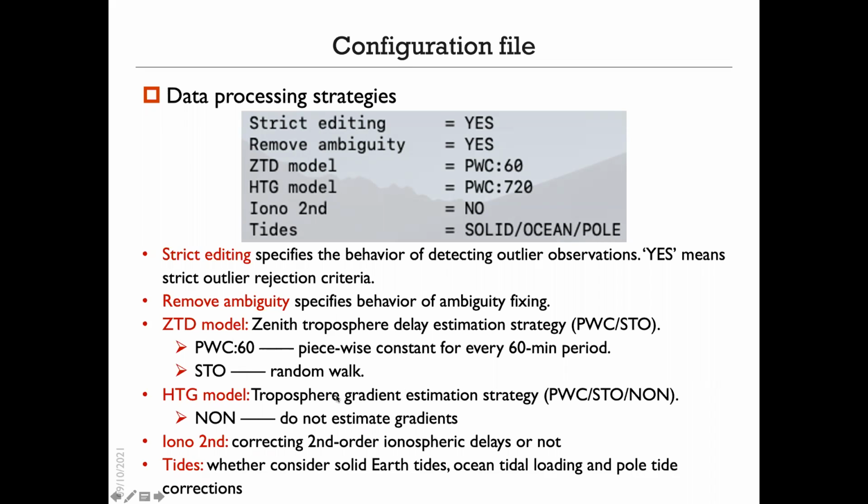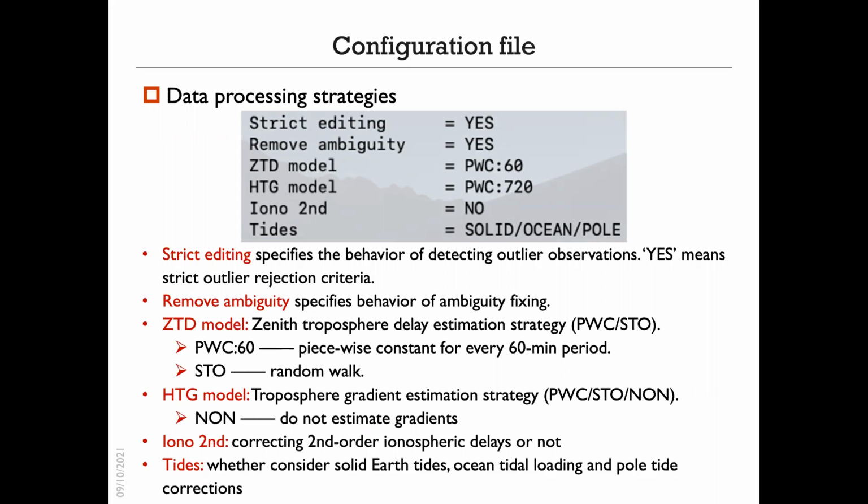And then we come to the HTG model. This is for troposphere gradient estimation, the horizontal gradient estimation. So we have 3 strategies. The first 2, PWC and STO, are similar to the strategies of the ZTD model. The last one, NONE, means we're not going to estimate gradients, because in some cases, for example, on some mobile platforms, estimating the horizontal gradients doesn't make sense, because your platform is always moving, and it may move a long distance, for example, a few hundred kilometers.